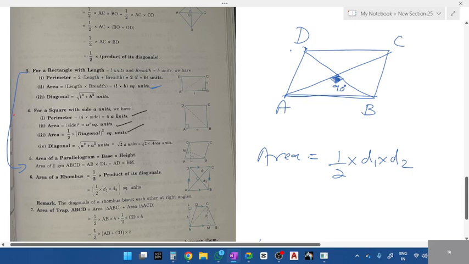So for rectangle and square, we have a lot of formulas. Don't memorize. For parallelogram and rhombus, try to memorize the diagram formulas directly. Okay, practice like this.